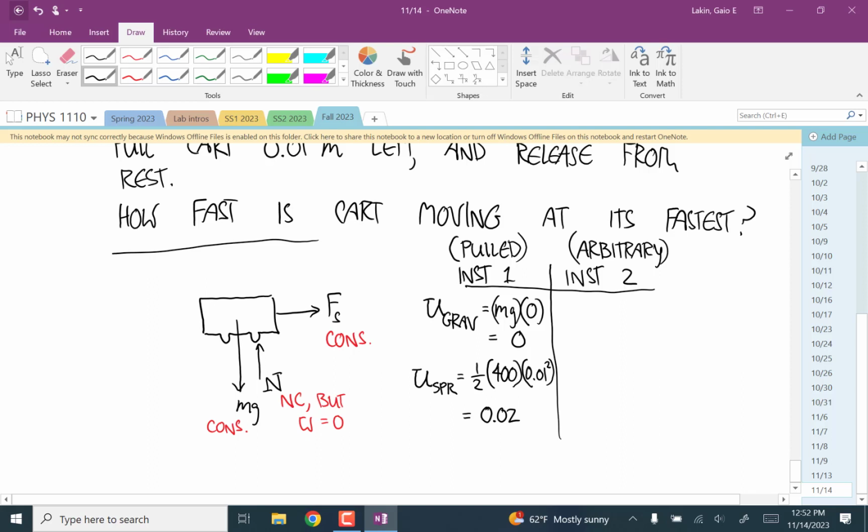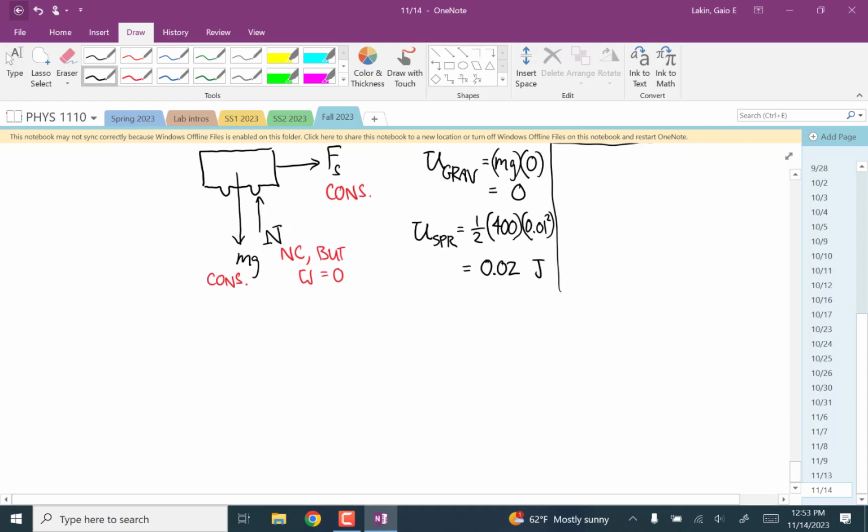And anyone remember what the SI units for energy are? Joules? Joules, right. And then the last thing is the kinetic energy. That's 1/2 times the mass. We know the mass in this case.